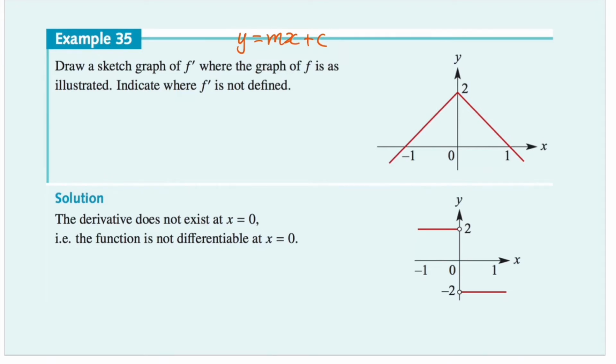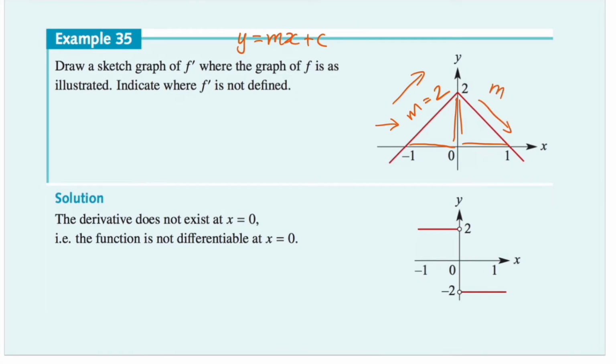The gradient as x approaches 0 from the left side: rise is 2 units and run is 1 unit. So that's 2 over 1, which is 2. So we know the gradient equals 2, and the line is going up, so the gradient is positive. The gradient as x approaches 0 from the right-hand side: the rise is 2 and run is negative 1 because the line is going down.